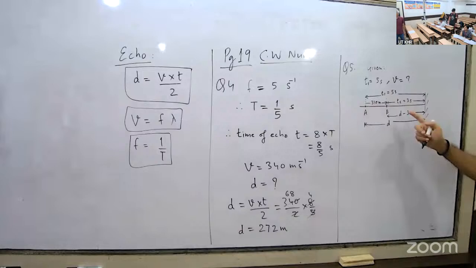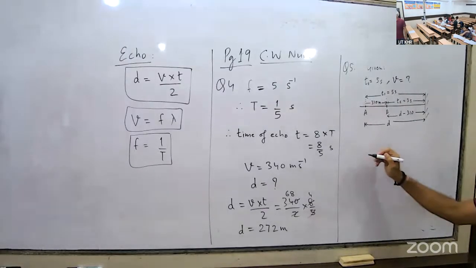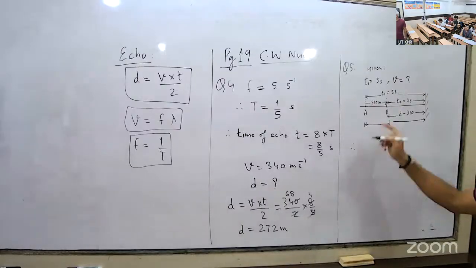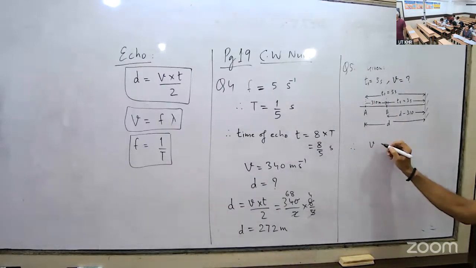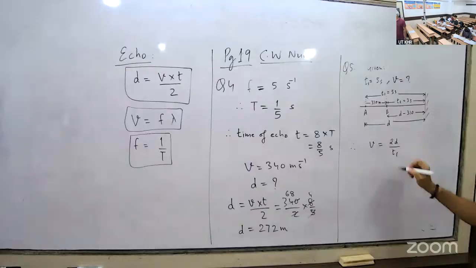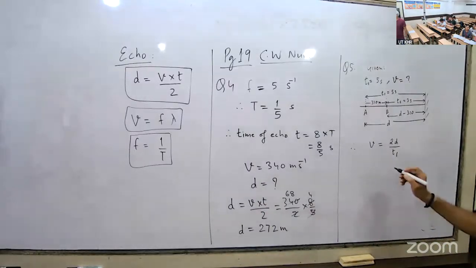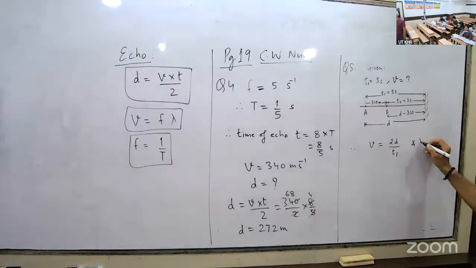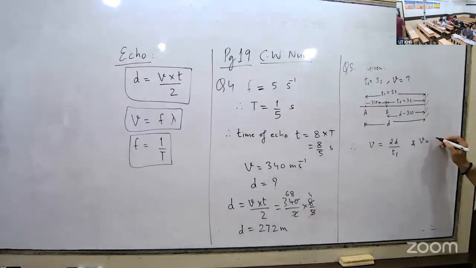Therefore, the remaining distance between the observer and the reflector will be d minus 310. So now what is v? In the first case, v is equal to 2d by t1. And in the second case, v is also equal to 2 times (d minus 310) divided by t2. Correct? The speed of sound is not going to change because the medium is same.